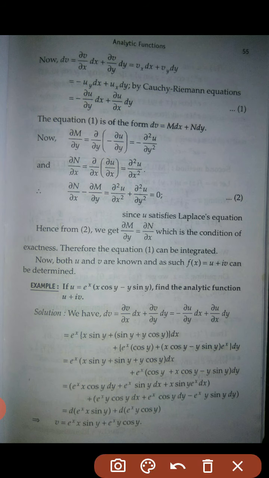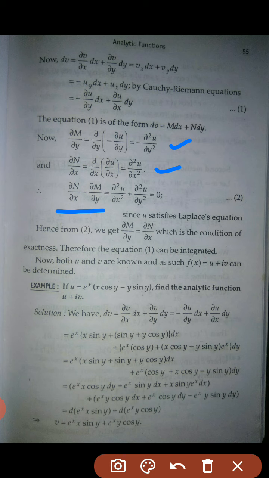So here we use the condition of exactness: del N by del x minus del M by del y equals del 2u by del x2, and again del 2u by del y2. Since there is a minus sign, minus minus becomes plus, so plus del 2u by del y2, and this value equals 0.